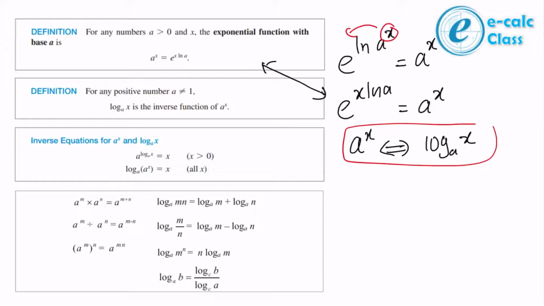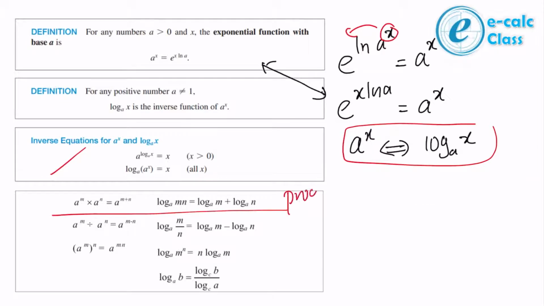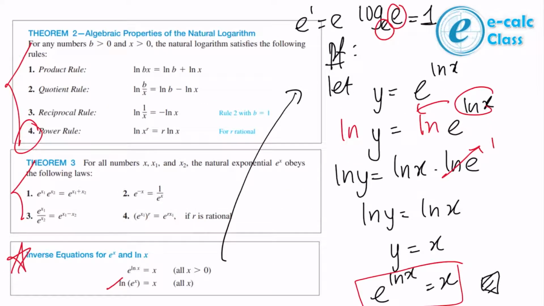Then this one is very similar to what we had just now. And the indices and logarithmic rules: two of them are your product rule, then you have your quotient rule, then you have your power rule. They're actually all the same. These rules are actually derived from your algebraic properties of the natural logarithm.